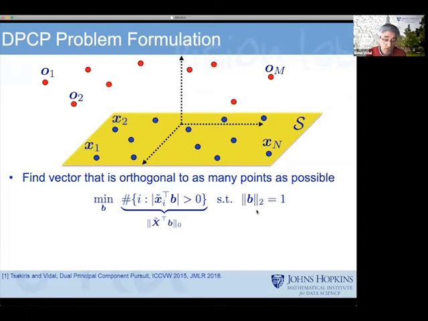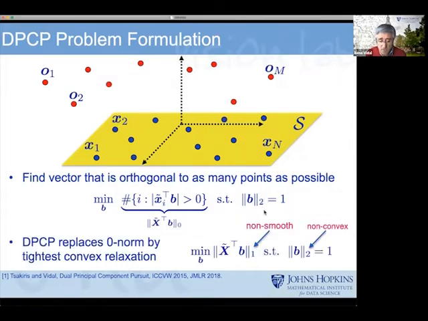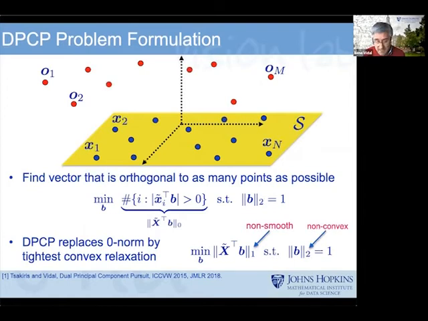This is arbitrary, so we could have done any norm here, but for the sake of convenience, we're going to choose the 2 norm so that the normal to the hyperplane is unit norm. And then the next part we do is that we relax this counting norm to an L1 norm of this vector. Therefore, the objective is nothing but the sum of the distances from the data points to the hyperplane.